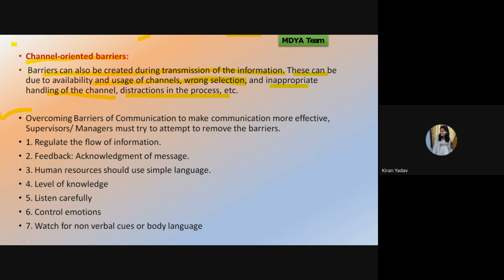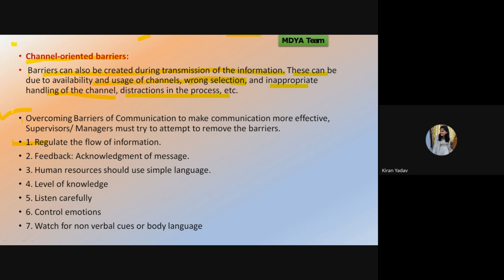Okay, let's see. Overcoming barriers of communication to make communication more effective. Supervisors or managers must attempt to remove the barriers. So first one is to regulate the flow of information.